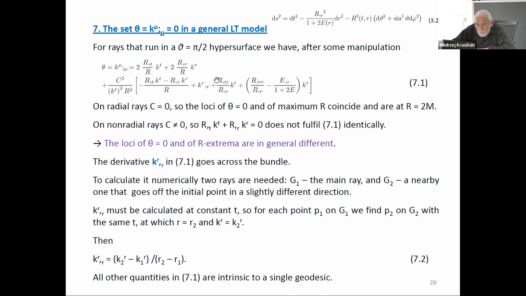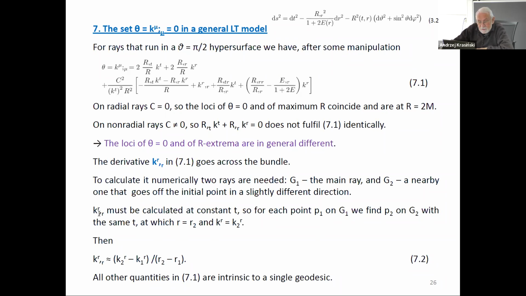Now, this derivative goes across the bundle. So to calculate this quantity numerically, you need two light rays: the main ray G1 and G2, a nearby ray that goes off the same initial point but in a slightly different direction.